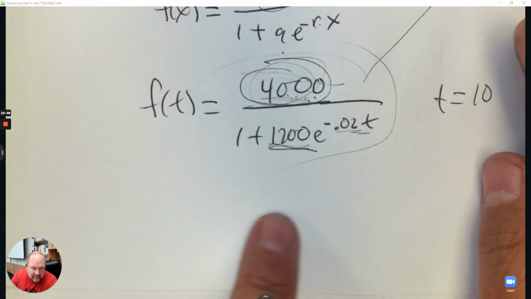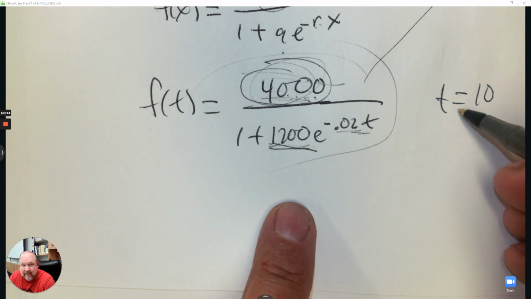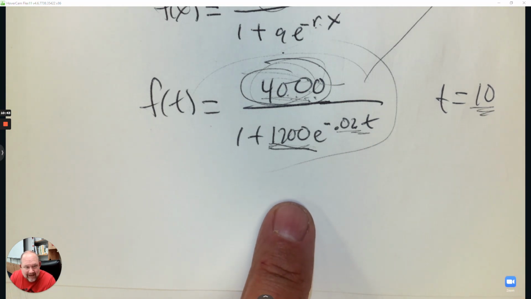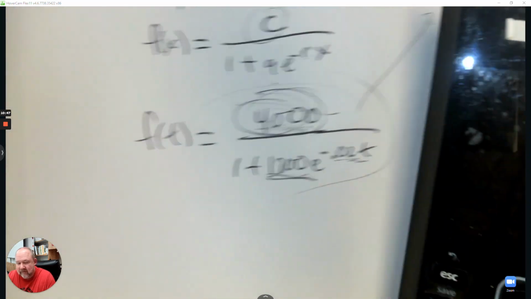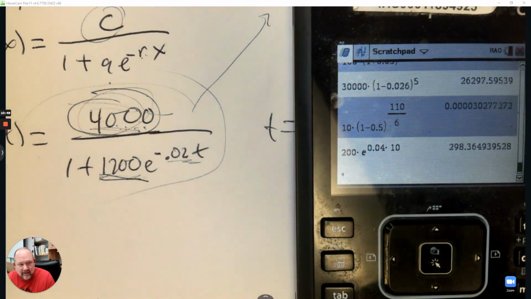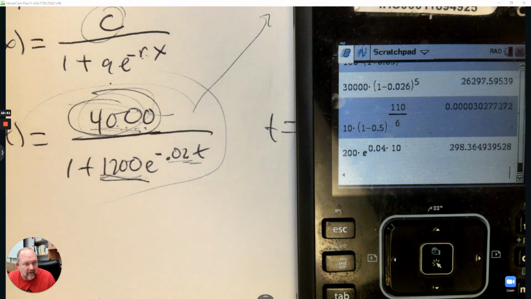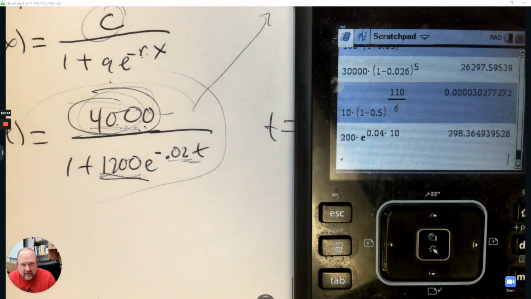You would then need to know how to type that in your calculator and plug in 10 to figure it out. So I'm going to show you, this calculator is a little bit easier to do, so I'm going to do it like how I would type it into the older calculator.